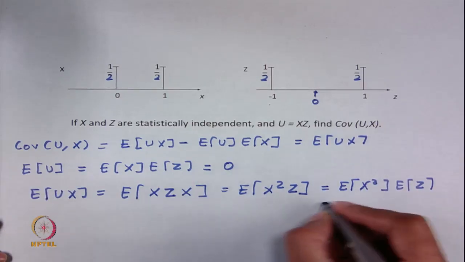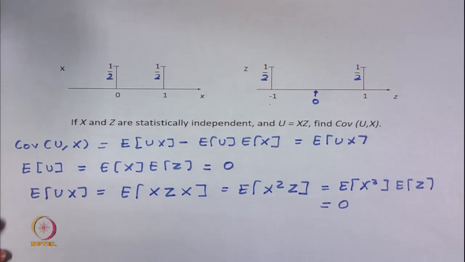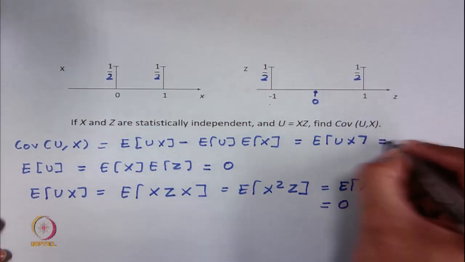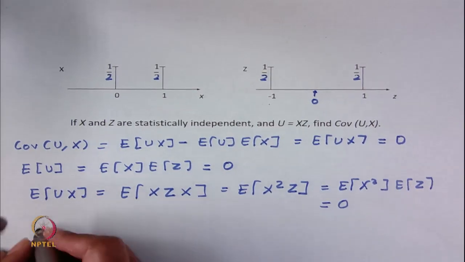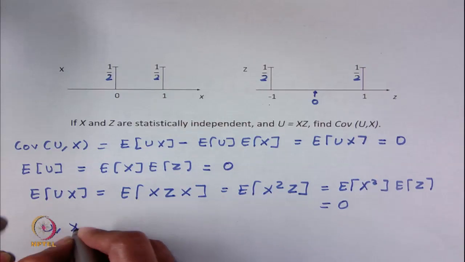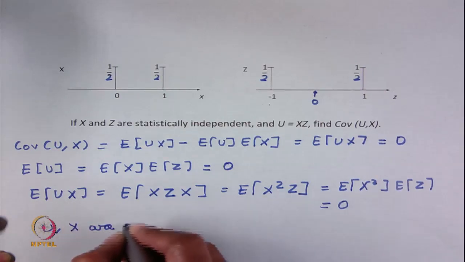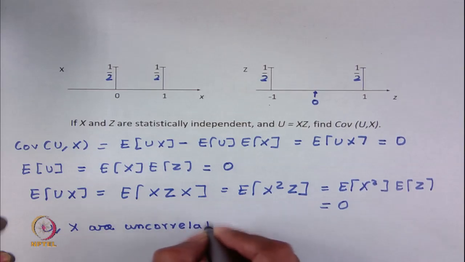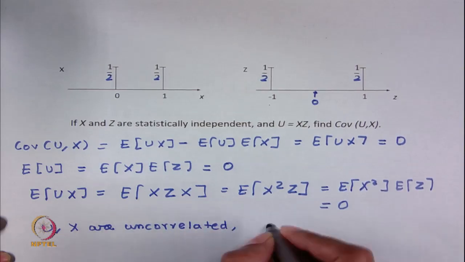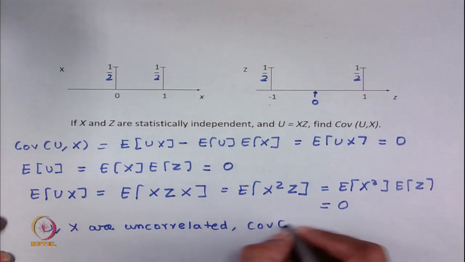So the expected value of u x is also 0. Hence, the covariance of u and x is 0, so we can say that u and x are uncorrelated because the covariance is 0.